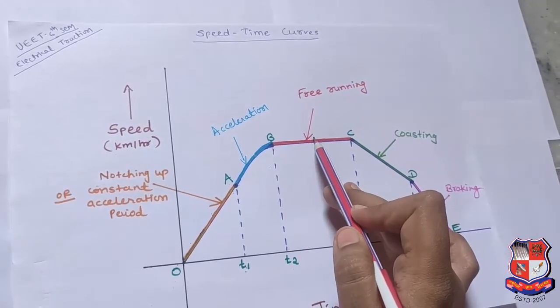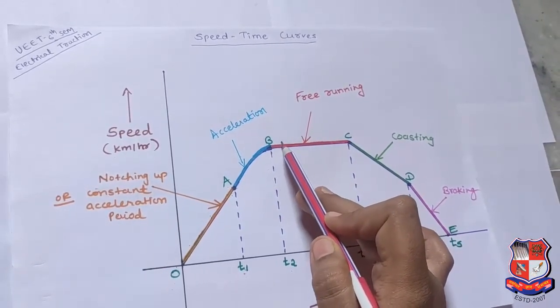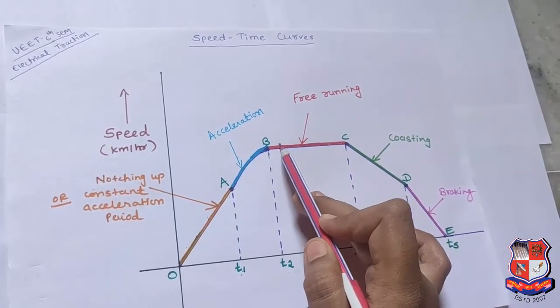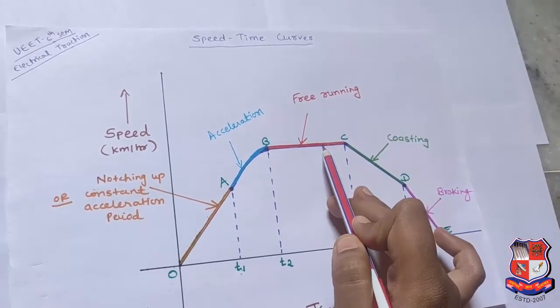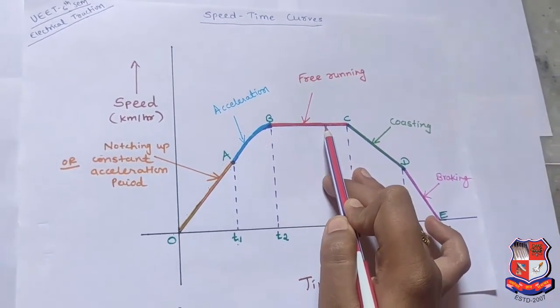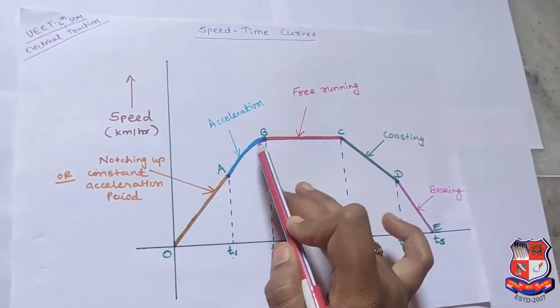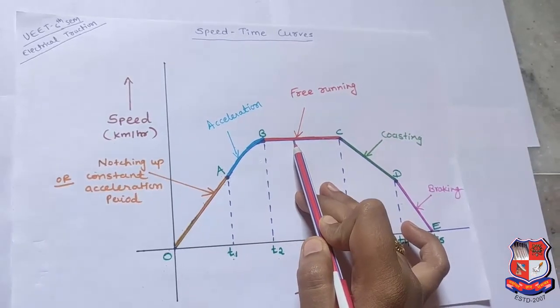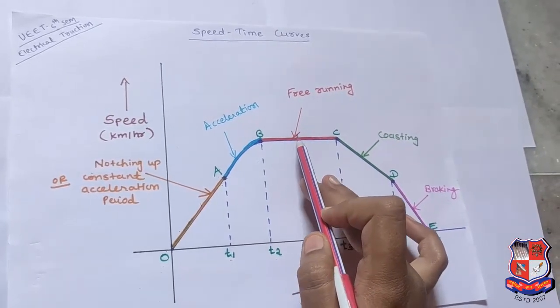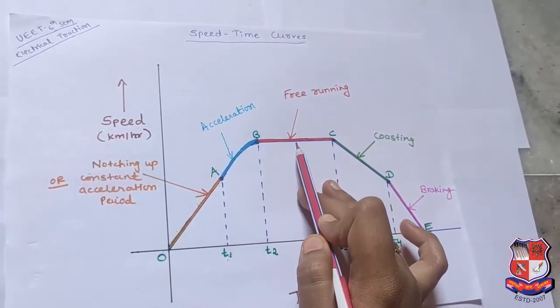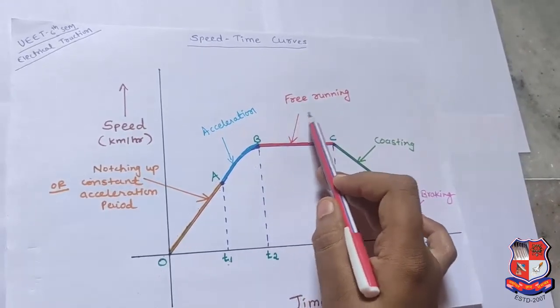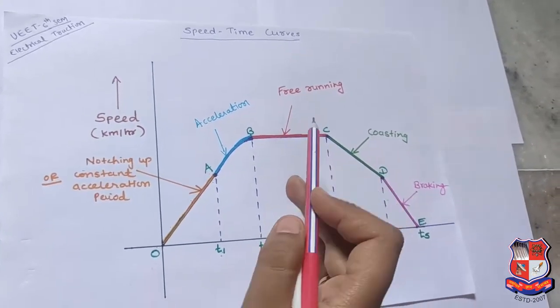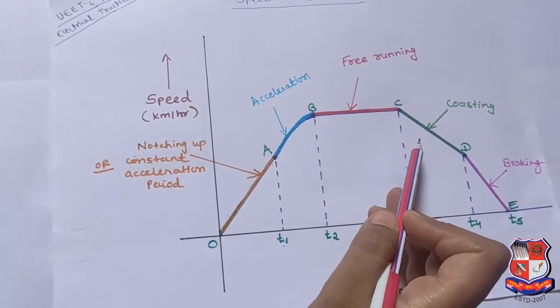So current, torque and power drawn are also constant in this period. One question arises: in which period do the speed, current, torque and also power remain constant? So the answer is the free running period. Okay. Next is the coasting period.